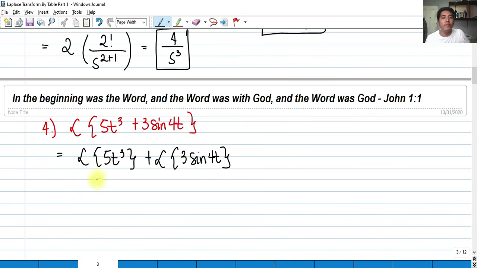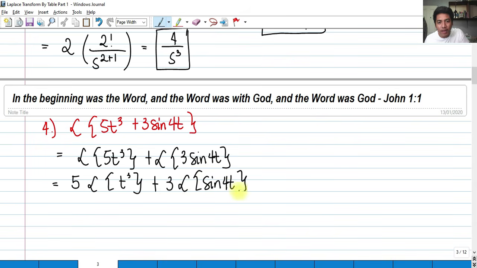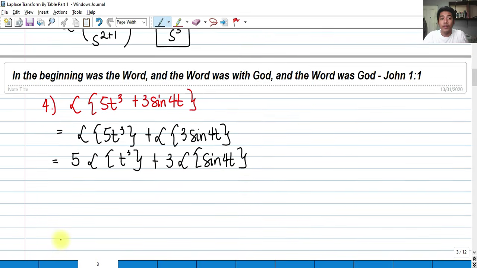That is still equal. Again, applying some properties, we have the constant 5. We can factor it out outside of the Laplace transform operation. Plus, we can also factor out the 3 from the Laplace transform of sine 4t so that we can evaluate it using our table.